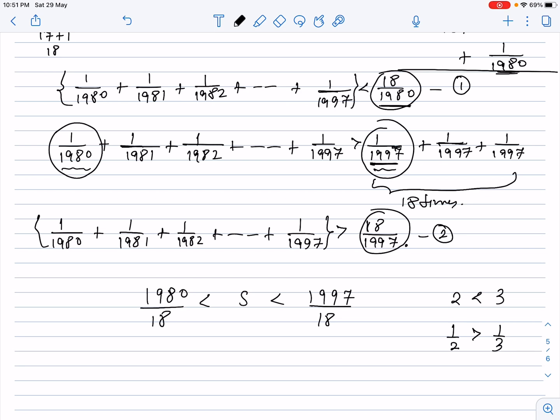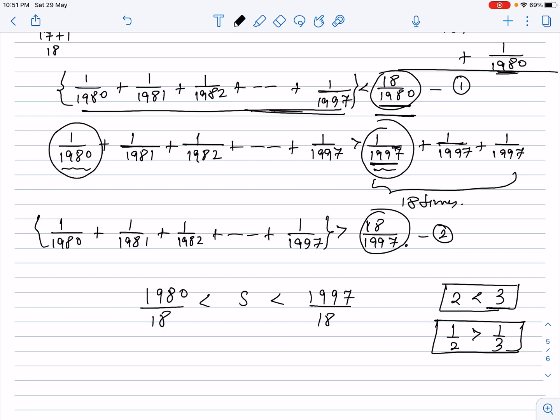So if we have positive numbers and an inequality is given, then when we take the reciprocal of those numbers, the inequality will be shifting. So here also, guys, we have positive numbers and the inequality is written like this. So 1980 divided by 18 is lesser than s, which is in turn lesser than 1997 divided by 18.